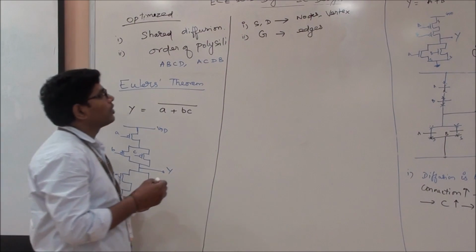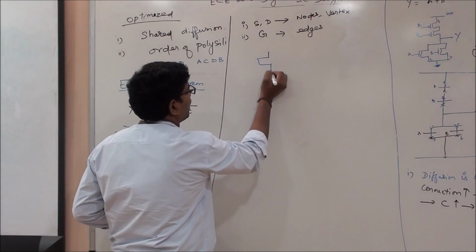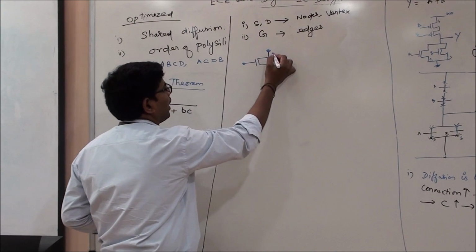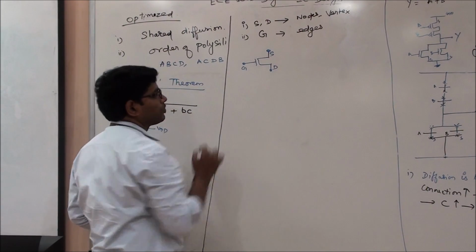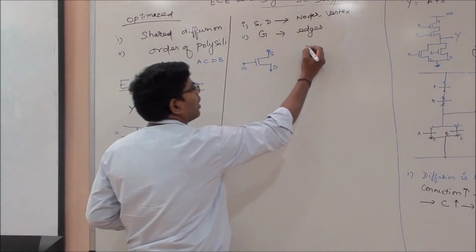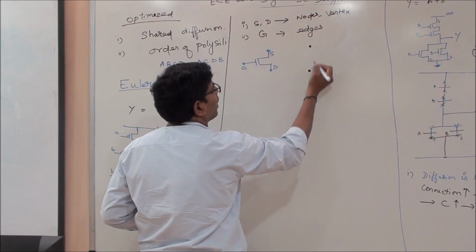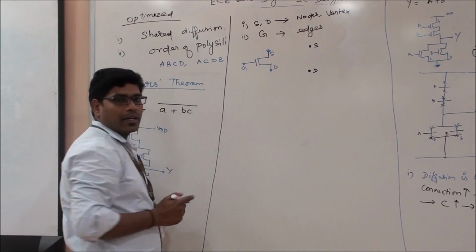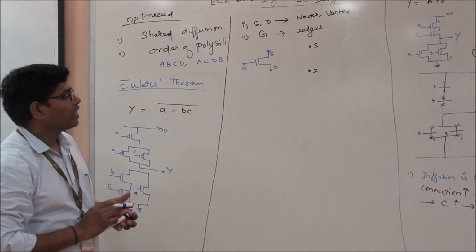So if I am having an NMOS, in order to represent the graph, I will represent it something like this. This source and the drain are my nodes, and this gate is represented by an edge.